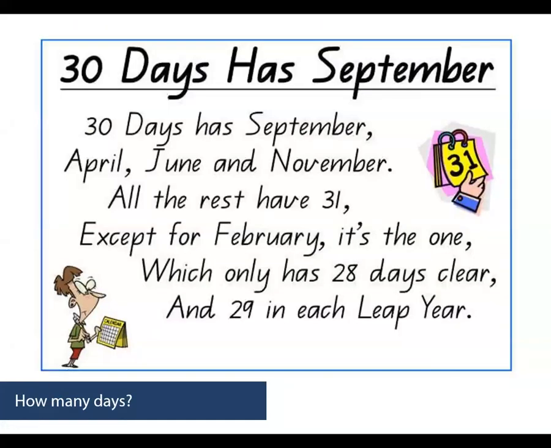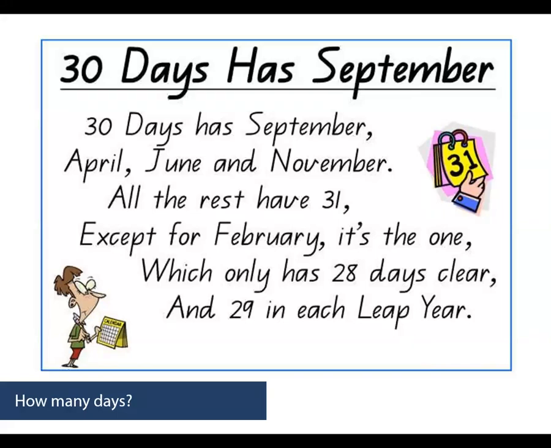I'm sure most of us were actually taught this lovely little poem when we were probably in elementary school. I will be honest, I can only usually remember it to November, which is really the only part I need because then I know February. But 30 days have September, April, June, and November. All the rest have 31, except for February.